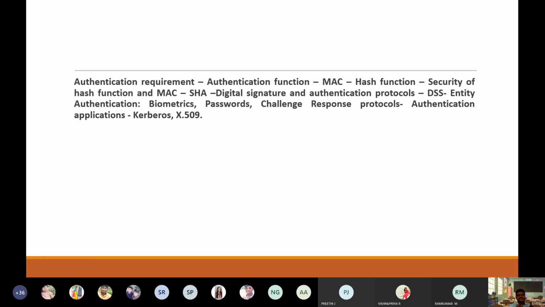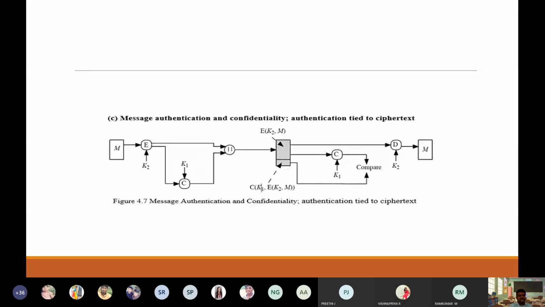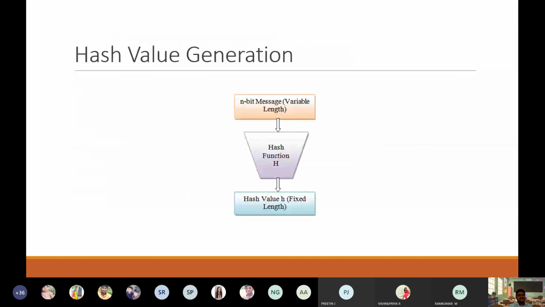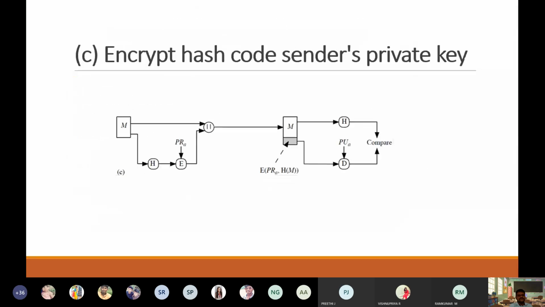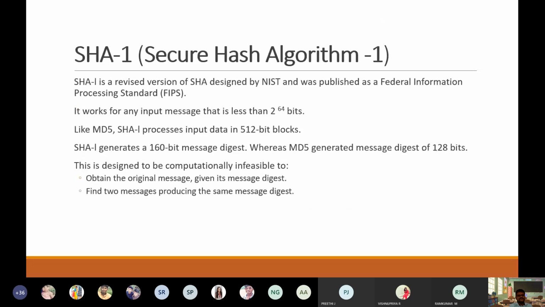And we have seen the MAC function, hash function, secure hash algorithm, right? And today we are going to see something about digital signatures. So is there any doubt in our previous sessions? If you have, just ask now. Two minutes, or else we can move to our new topic.